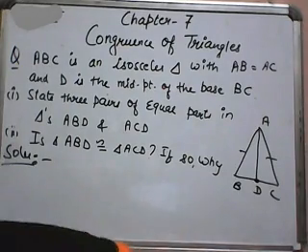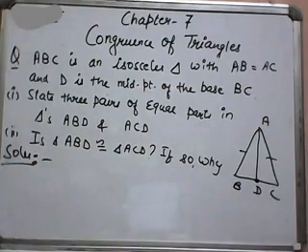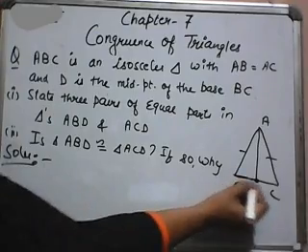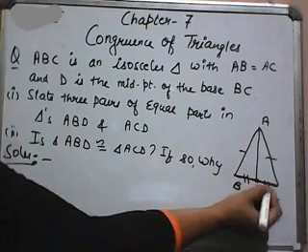It means the midpoint divides the line segment BC into two equal parts. BD is equal to DC.